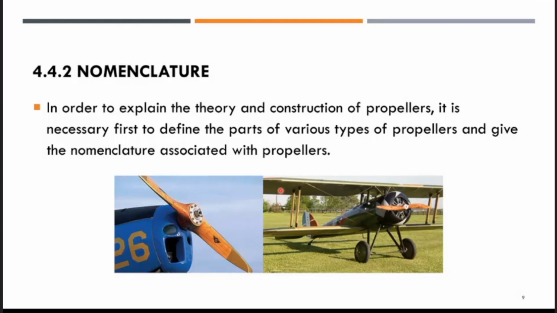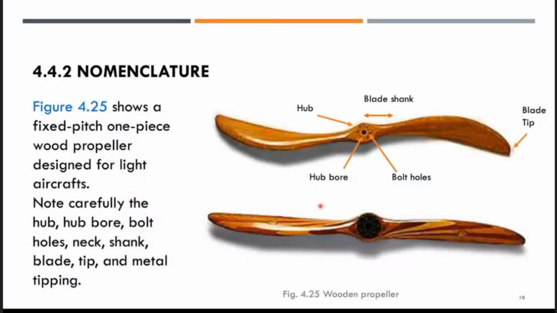Probably all of you have already seen a propeller, but we want to really define the components of a propeller. What is it called? What is this middle part called? What is this part named, and so on. Right. In these particular figures, it shows a fixed pitch.